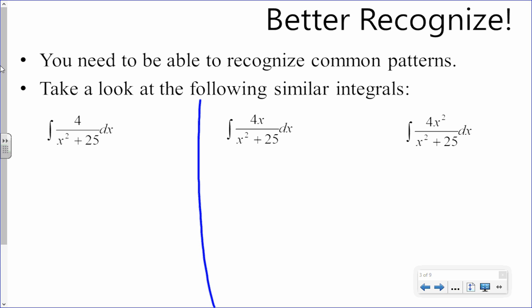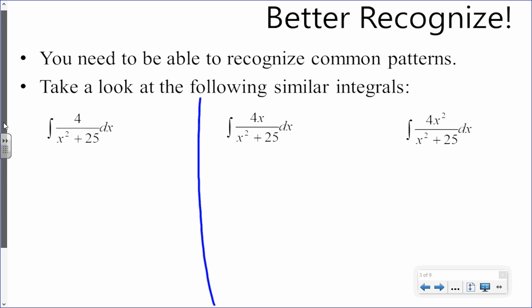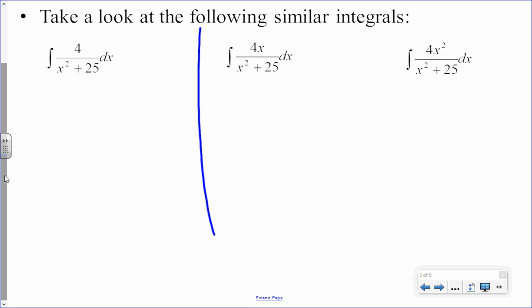It looks like arctangent. Okay, so what I'm going to do for you, we could rewrite this as, just to help you see the pattern, x squared plus 5 squared, right? So, we have 4, it's a constant, it can be moved out front, right?